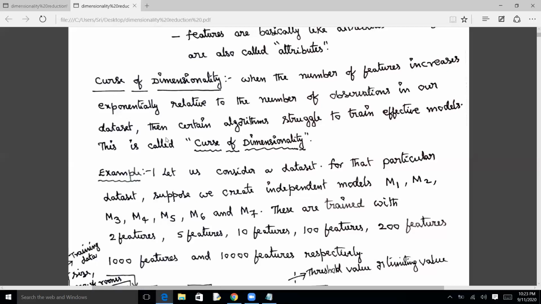That is what is called curse of dimensionality.